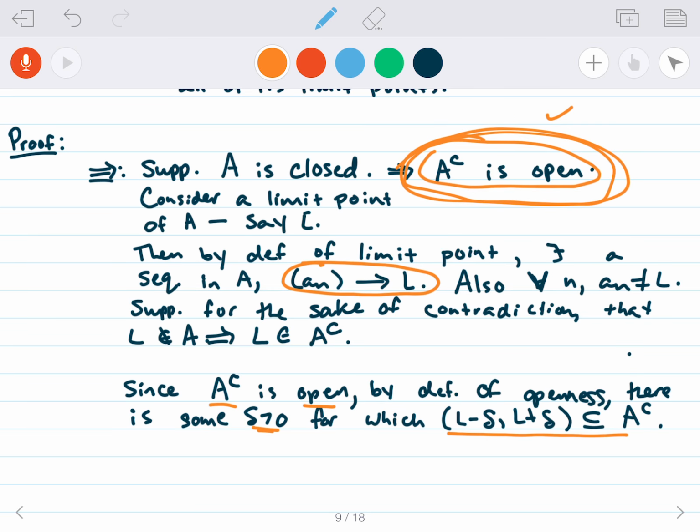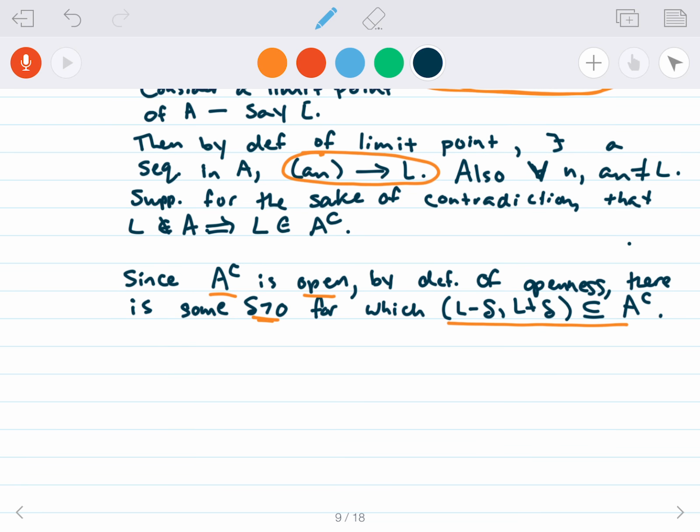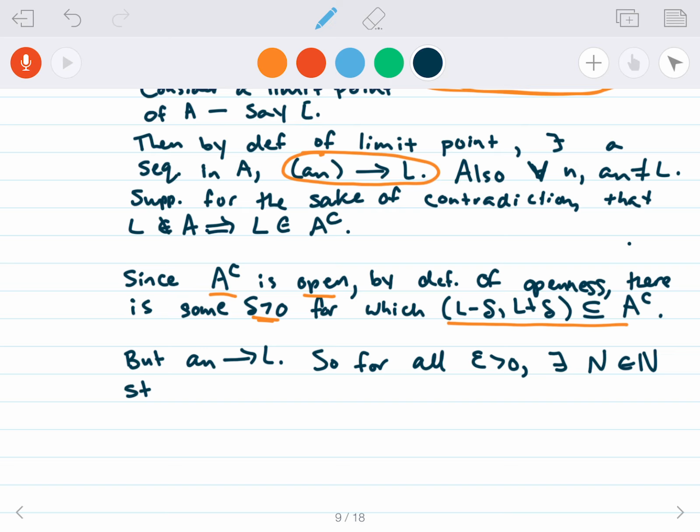So remember that our sequence converges to L. What does that mean? For all positive epsilon bigger than 0, there's some capital N so that when you go far enough in the sequence, you're going to get close to L, such that n bigger than capital N implies that the sequence is getting close to L.